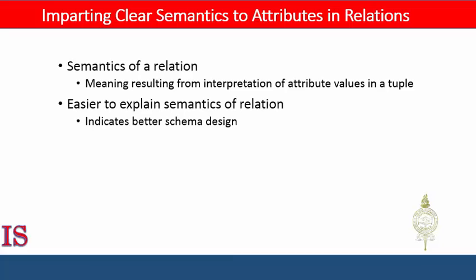Each tuple represents an employee with values for the employee's name, E-name, social security number, SSN, birth date, B-date, and address, and the number of the department that the employee works for, D number. The D number attribute is a foreign key that represents an implicit relationship between the employee and department relations.